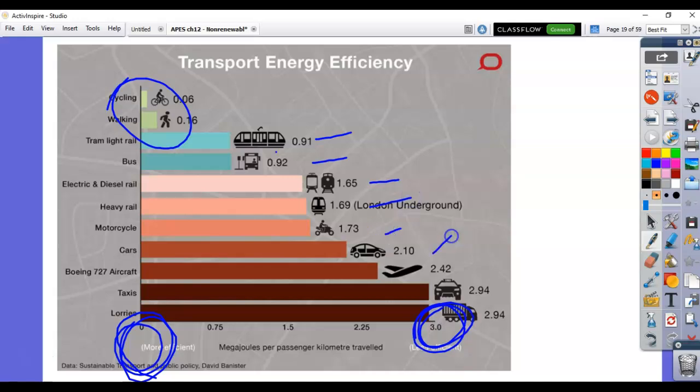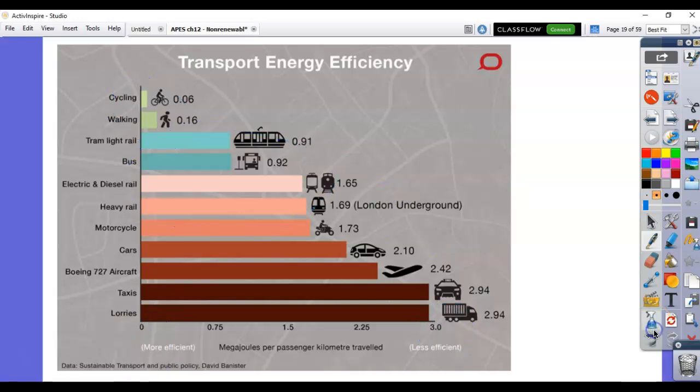Then we got a motorcycle, cars. So walking, and then public transportation, right? So where you're sharing a space with other people. So walking, cycling, public transportation. And this is why, because we can use less energy to carry more people, or we're using the same amount of energy, but we're carrying more people. So per person, it's less.